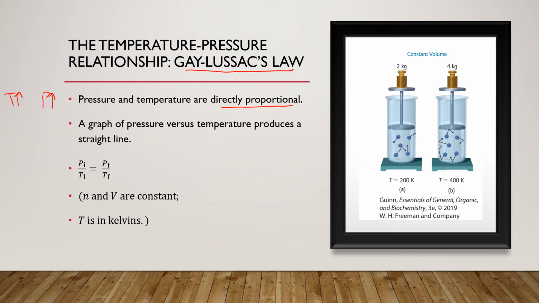So a graph between pressure and temperature of a gas will be a straight line. At high temperature, pressure will also be high, and as the temperature goes down, the pressure will also go down.